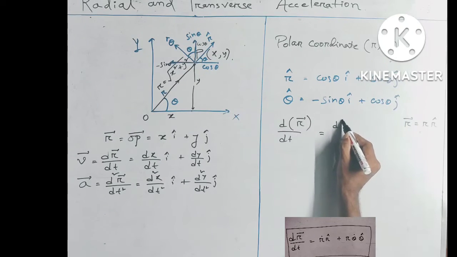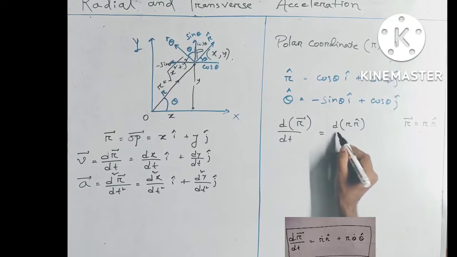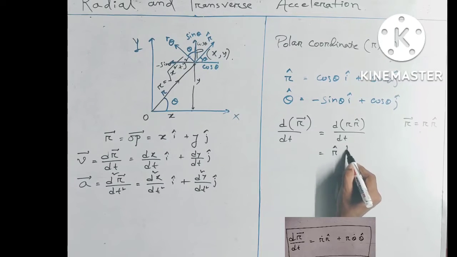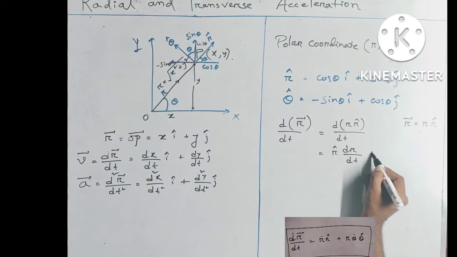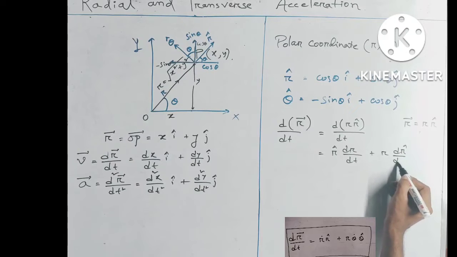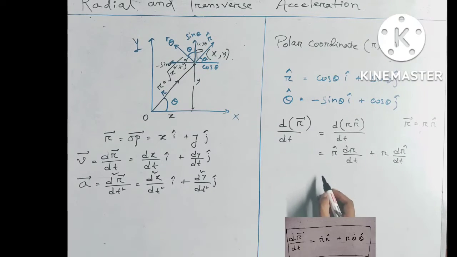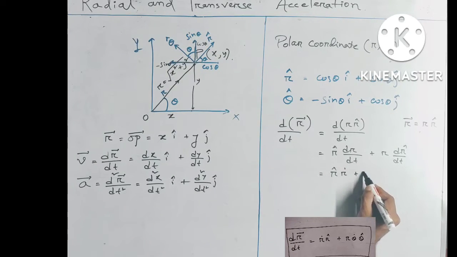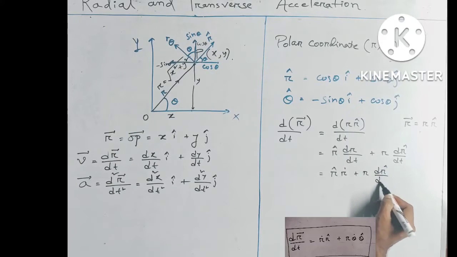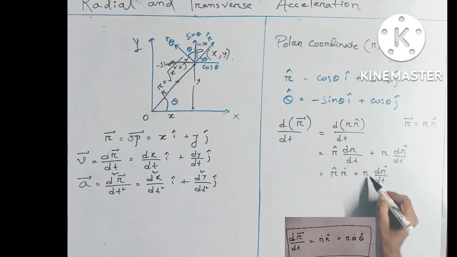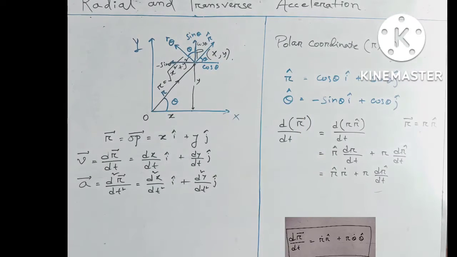So you can write d/dt of r r cap. Taking the derivative, it will be r cap dr/dt plus r dr cap/dt, that is, r cap r dot plus r dr cap/dt. Okay, we are not familiar with this term dr cap/dt, so we have to find dr cap/dt using this unit vector.